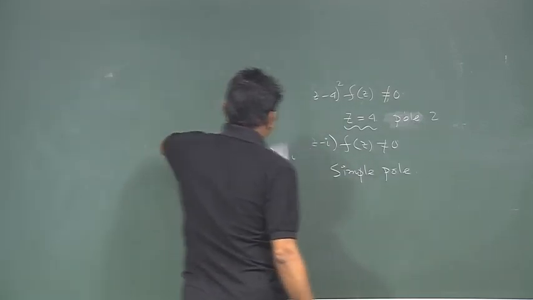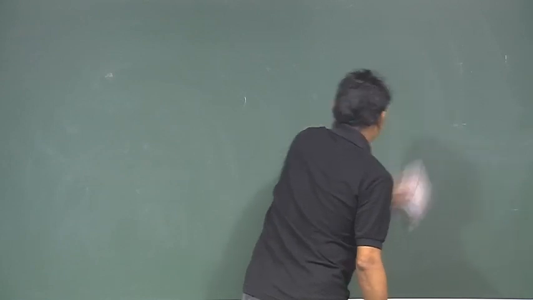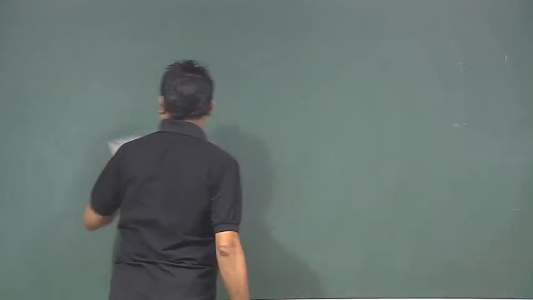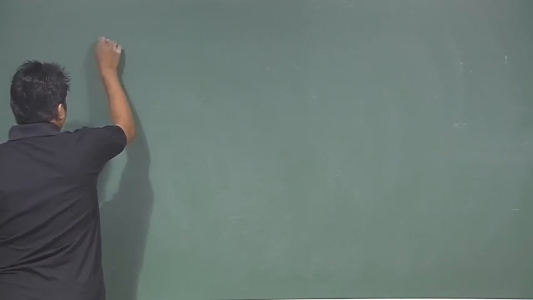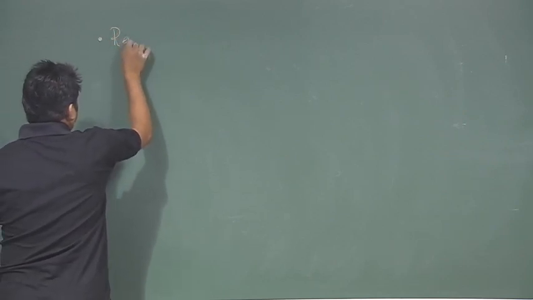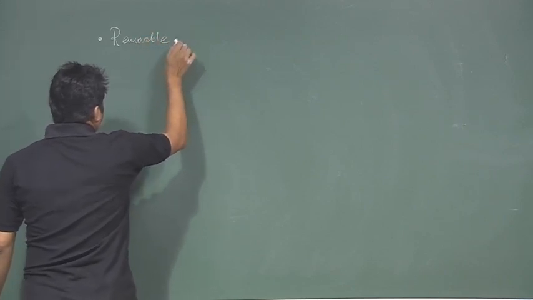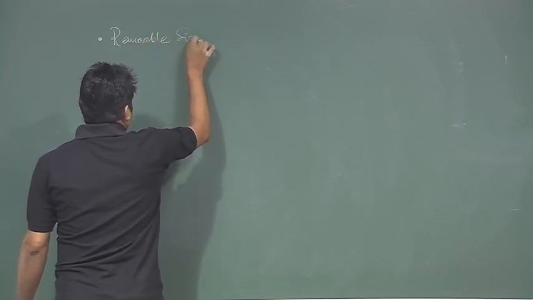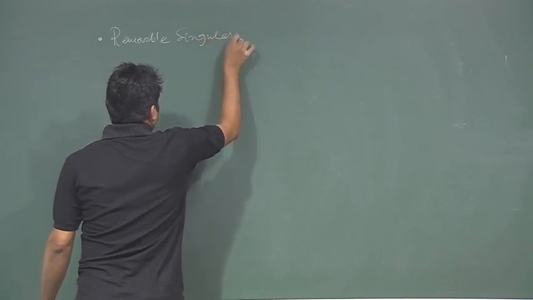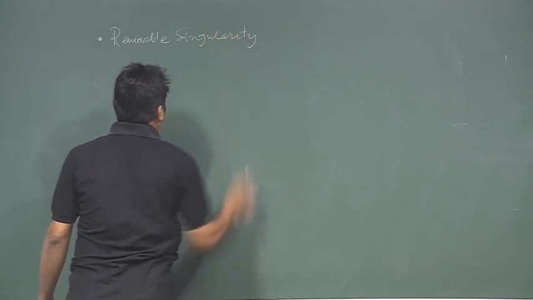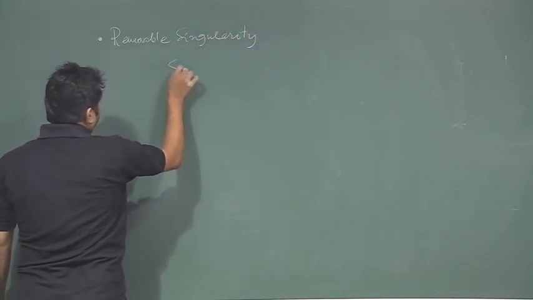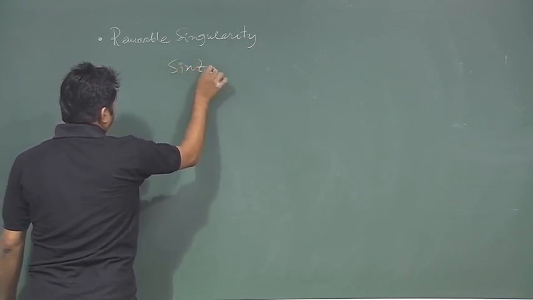After that, quickly we will write 2 singularities. One is called removable singularity, which is like sin z divided by z.